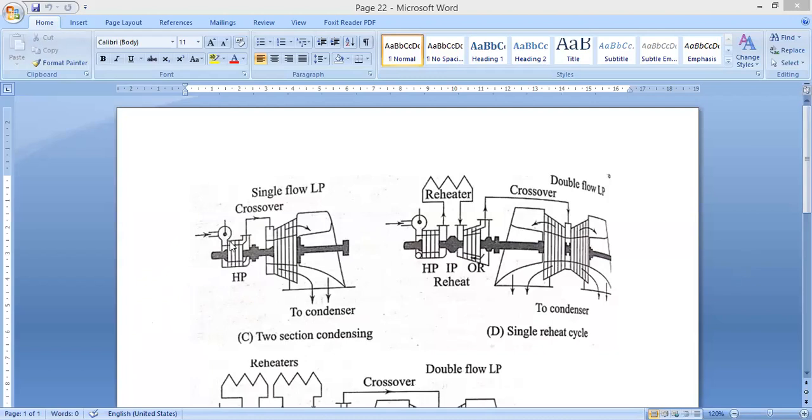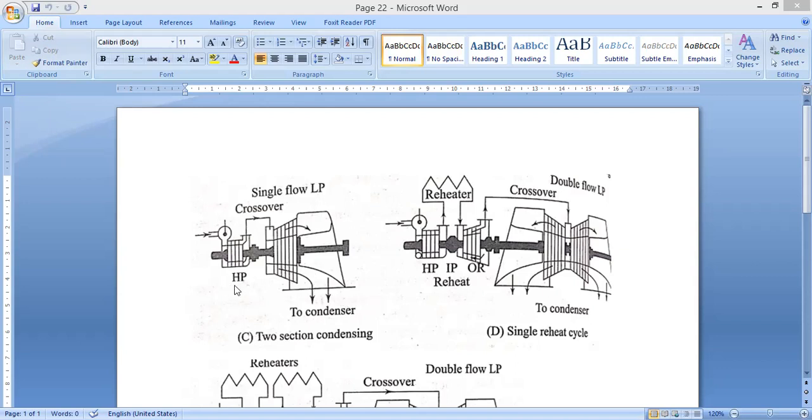It goes to the high pressure turbine itself, and from here it goes out through a crossover to the low pressure turbine, and it comes out and goes to the condenser itself.